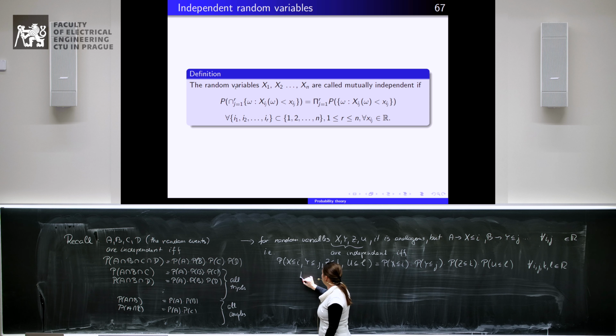But again, we must verify this for all combinations which can be made from these 4 random variables.